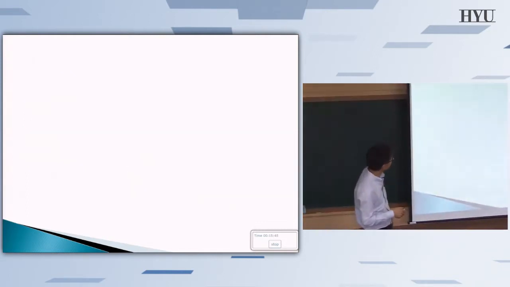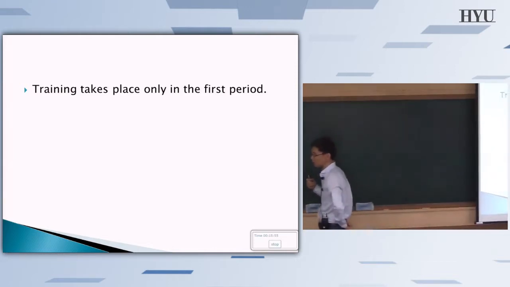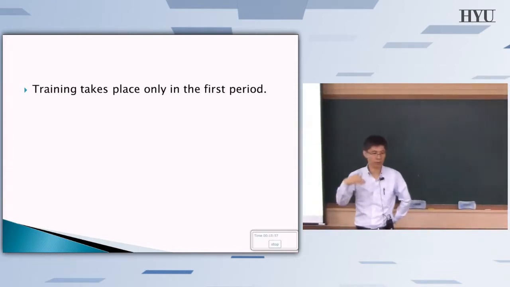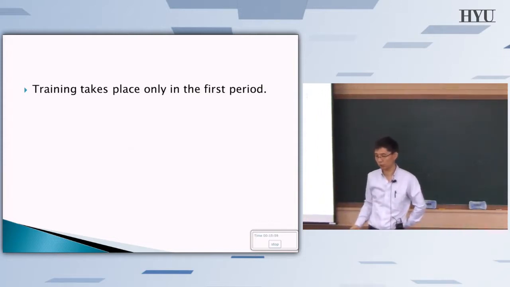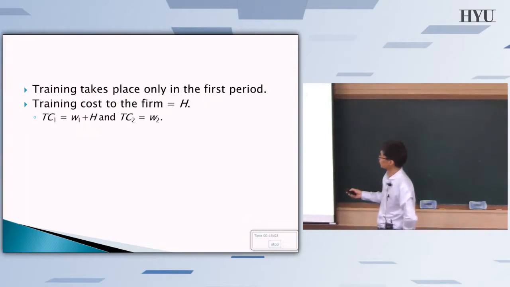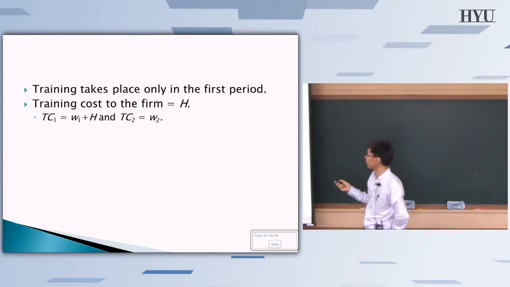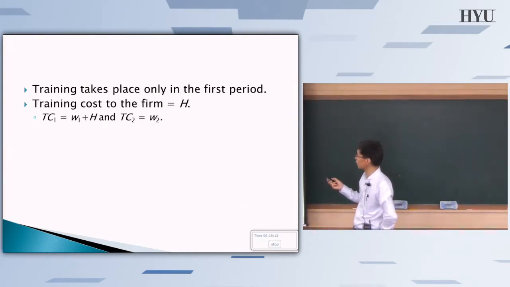And what's in the labor cost? To see that, first let's assume that training takes place only in the first period. Okay? So in this model, if training happens in the first period, in the second period there is no training. And let's call the training cost to the firm H. H is how much the firm pays to train one additional employee.